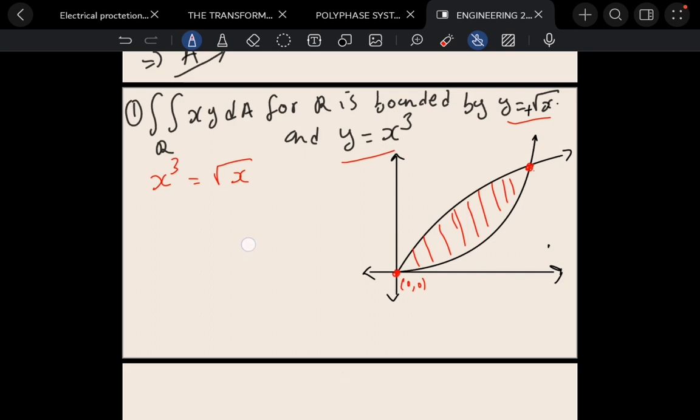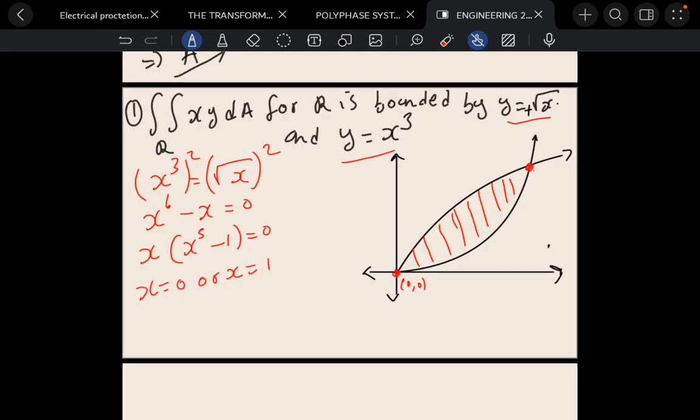After this, I'm going to square both sides. I'm going to have x to the power 6 minus x equals 0, which is x times (x to the power of 5 minus 1) equals 0, where x is 0 or x is equal to 1.